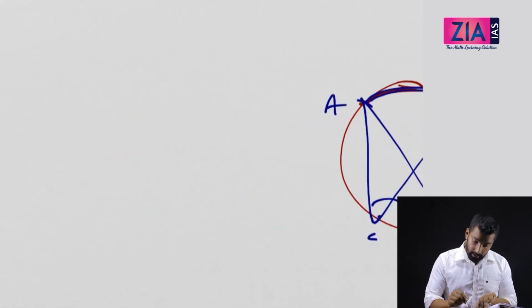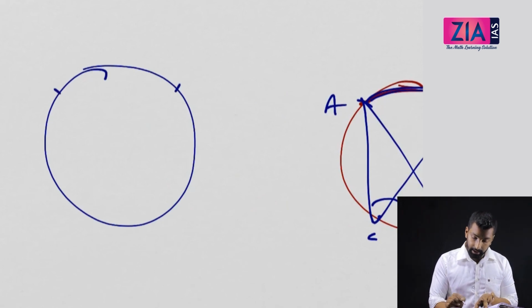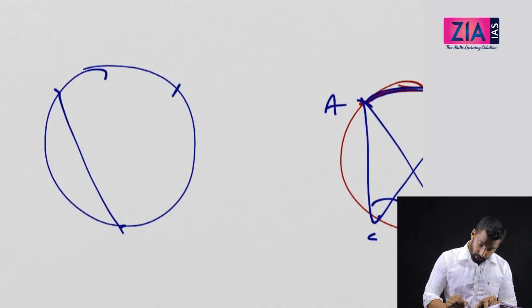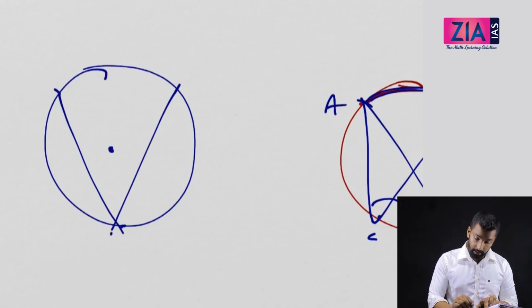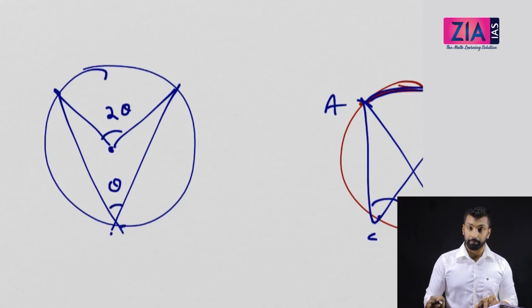Now in the same situation, if you take a different scenario like this, again let's take a minor arc. Let's mark a point here, so you got an angle here. Now let's join that with the center also. So if this is theta, this is 2 theta.